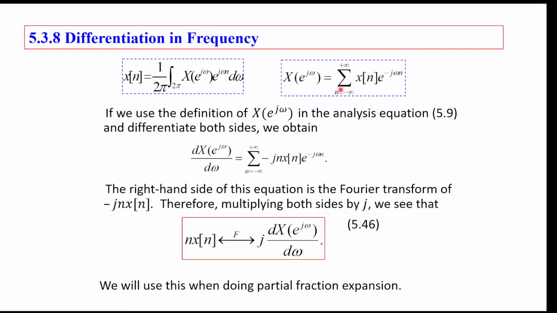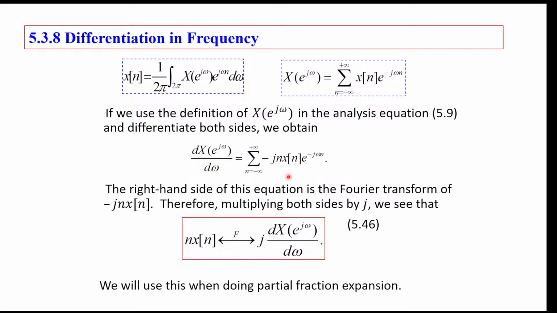You can just take this equation and do differentiation on ω on both sides. Then on this side, because it only depends on ω through e to the minus jωn, when you do differentiation you get a minus jn. Okay?